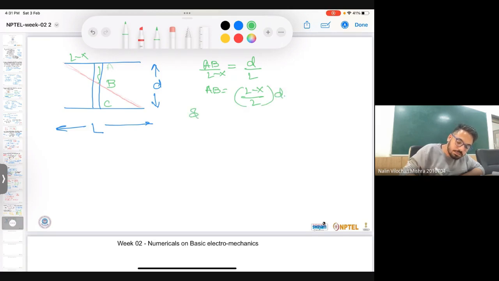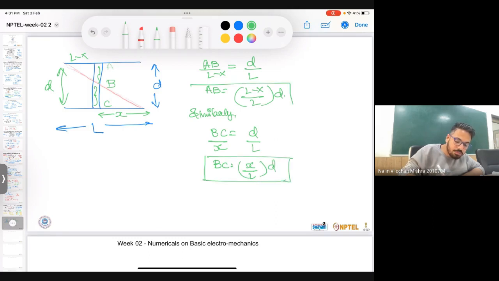Similarly, this distance BC can be written as BC by x equals d by L. So BC will be x by L times d.